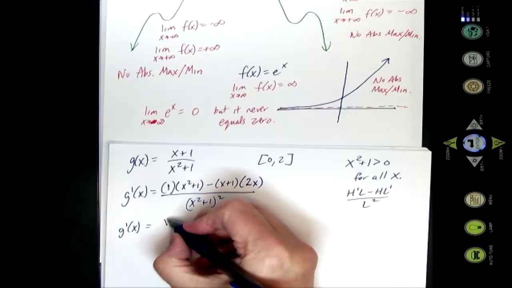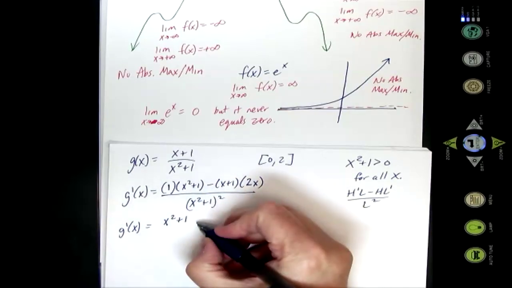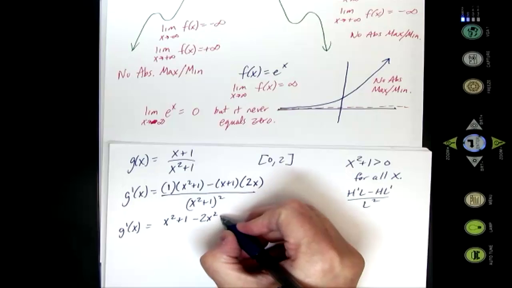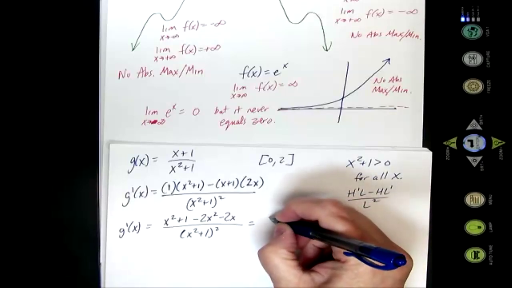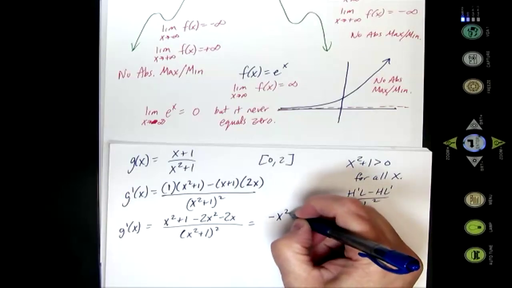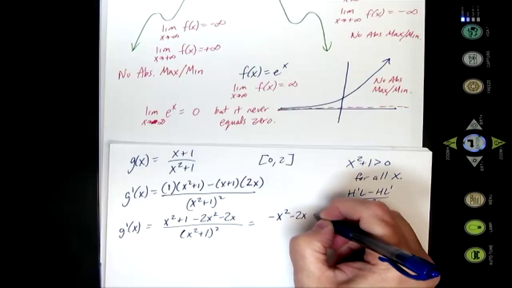So what do we have? We have x squared plus 1 minus 2x squared minus 2x on top, which is negative x squared minus 2x plus 1.